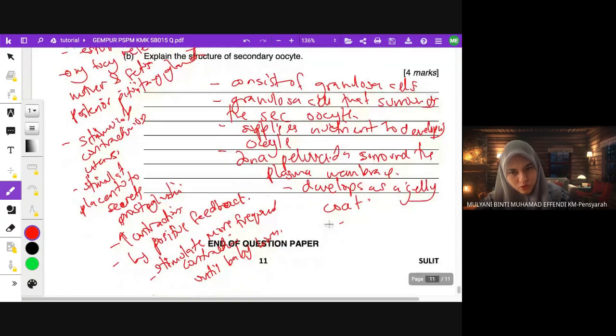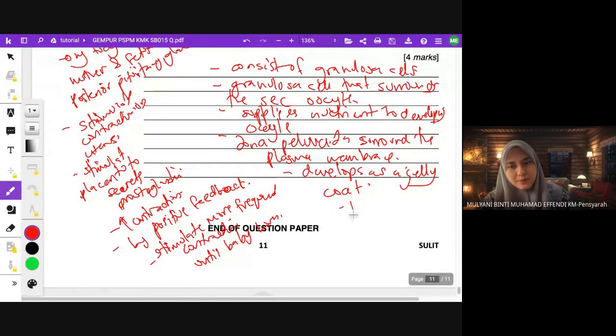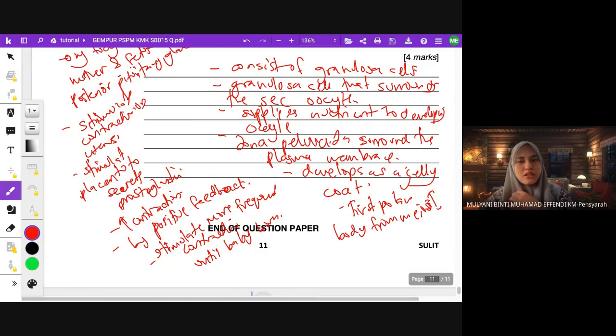Okay, lepas tu dia ada juga, selain pada itu, dia ada juga first polar body. Kena sebut juga ni, first polar body from meiosis kan. From meiosis berapa? Meiosis 1 lah, sebab meiosis 2 belum complete lagi. Meiosis 1. Tu je. Okay, so dia selain daripada dia ada granulosa cells, dia ada zona pellucida, dia ada apa?